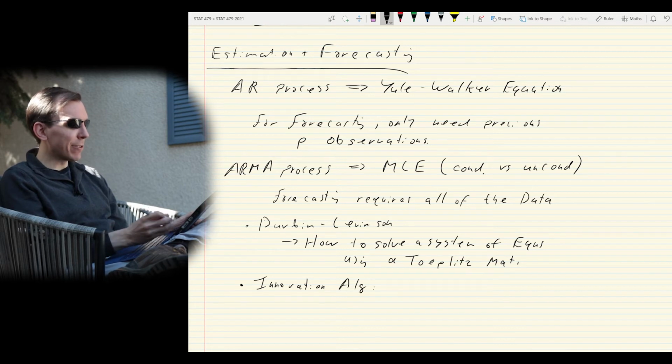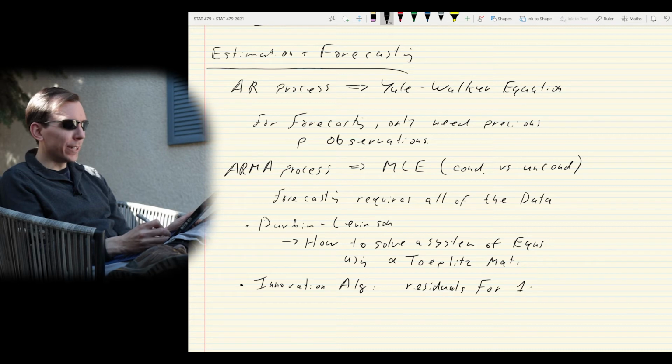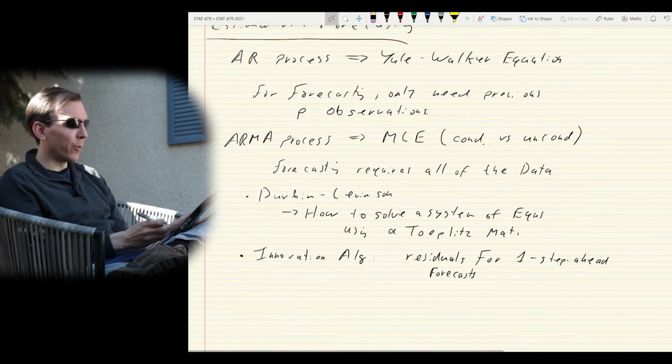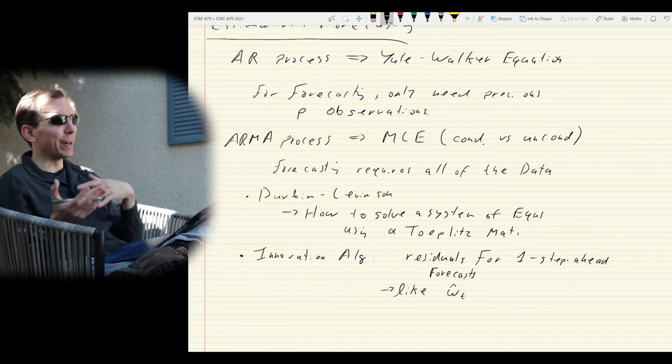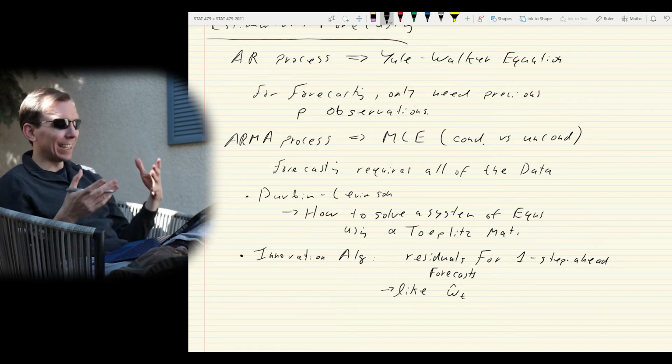And one of the key things to remember about innovations is that these are basically the residuals for one step ahead forecasts, and they behave a lot like white noise, so they're basically like, I'll say W_t hat, even though I don't necessarily like the idea of estimating white noise, because white noise is just white noise, but roughly it's kind of like that.